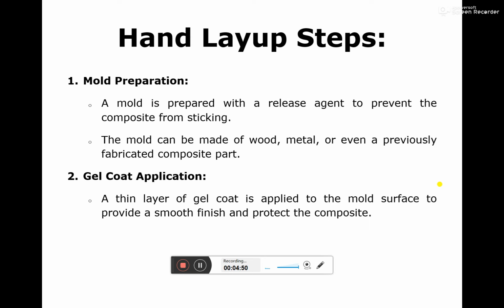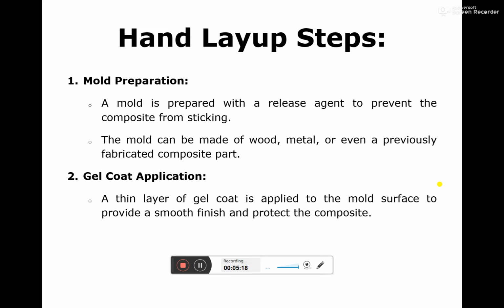So to avoid sticking of the product to the molding material, we apply some releasing agent. Some people will use wax as the releasing agent, or spray different materials over the mold. So that is the first processing step in the hand layup process.